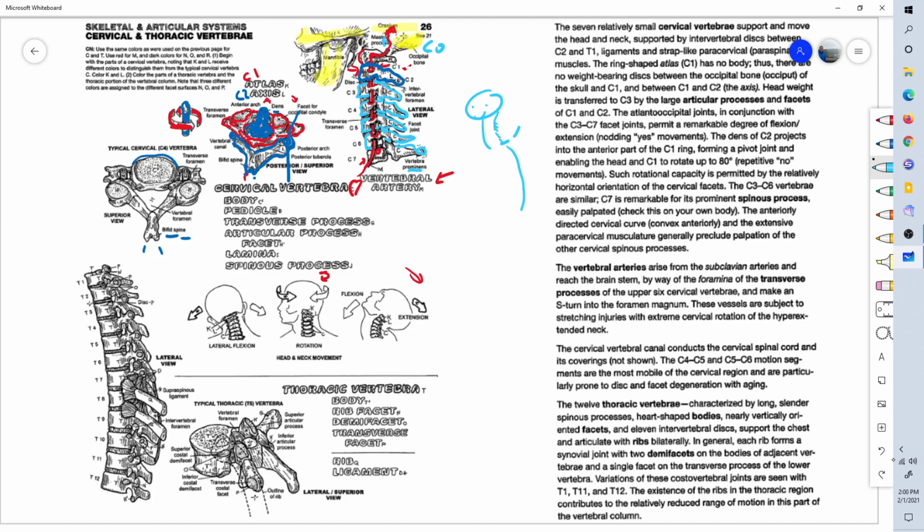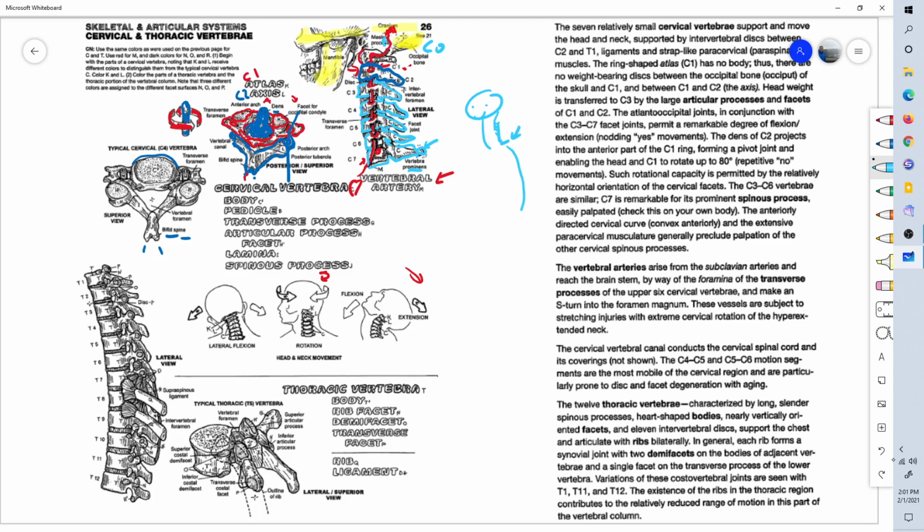The most prominent vertebra is the C7, and you can feel it as a larger bump, larger than the other cervical vertebrae. So they call it the vertebral prominence. And here it is, the superior articular process, the inferior articular process, and the body.